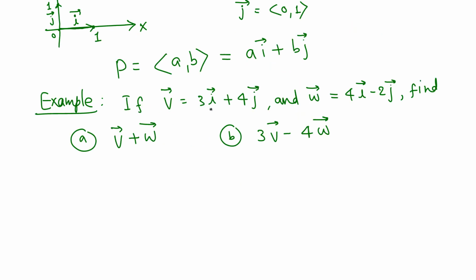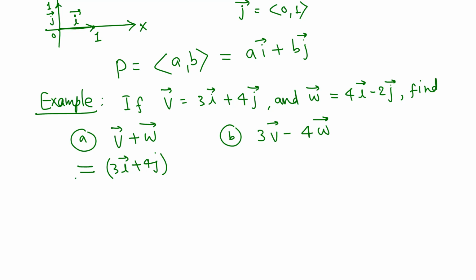If vector v is given as 3i plus 4j and vector w is 4i minus 2j, find v plus w. So this will be just simple algebra now, because v is 3i plus 4j.